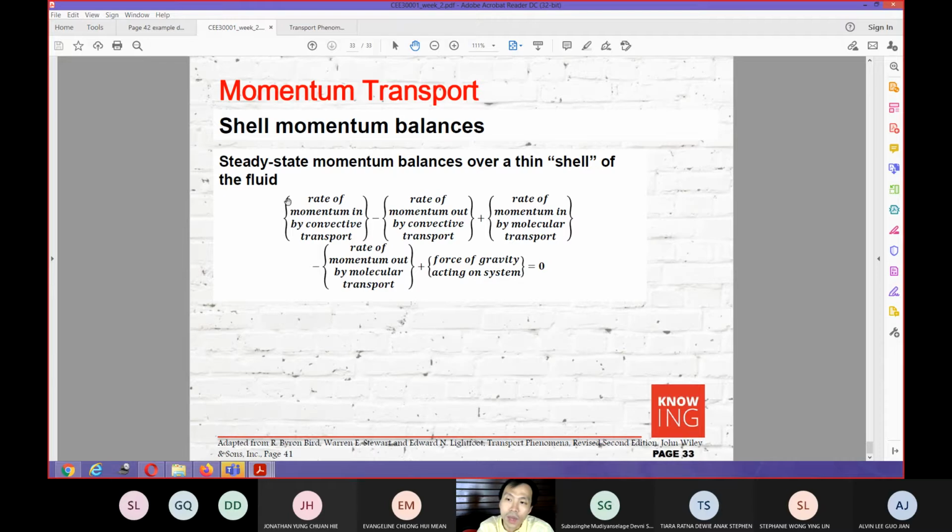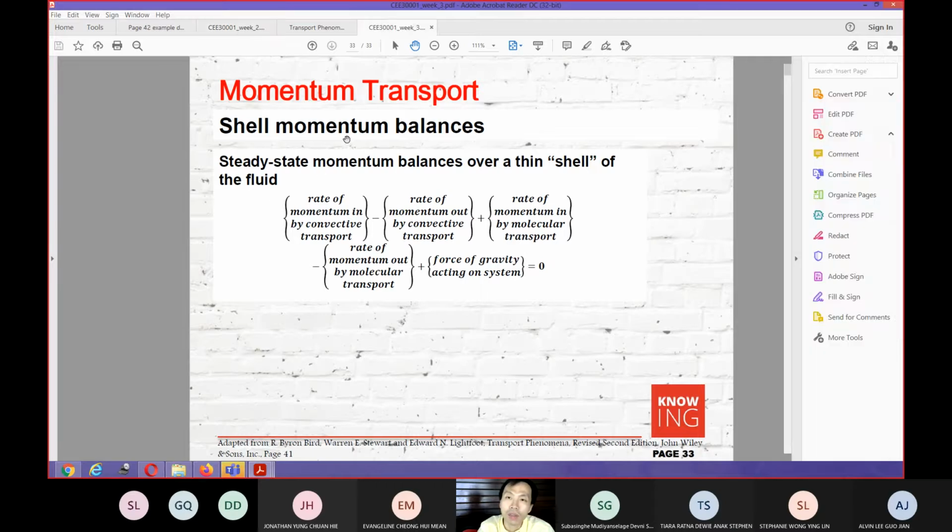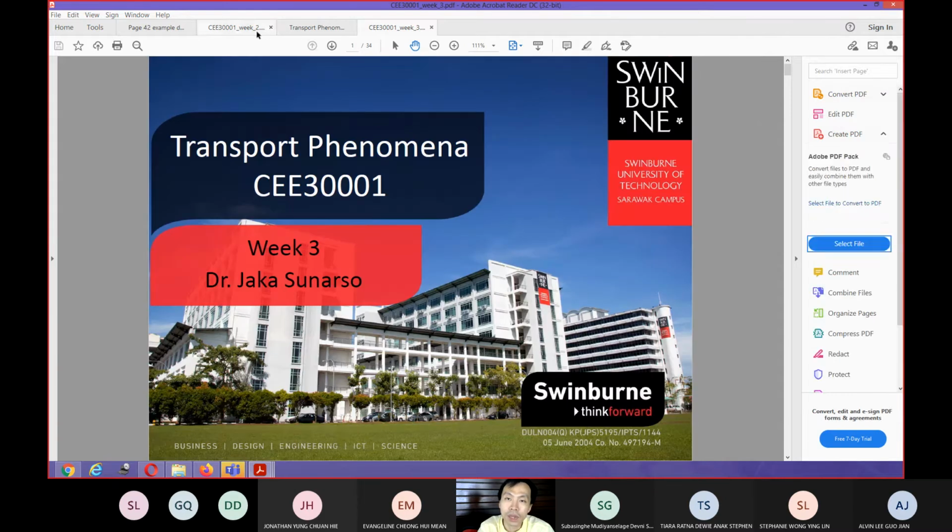Now, based on everything that we have shown earlier, it looks abstract for you at this particular time, because you have not really applied that into real situations, right? You just have all the notations, and you don't know how to apply them, but it will become clear when we discuss the example.